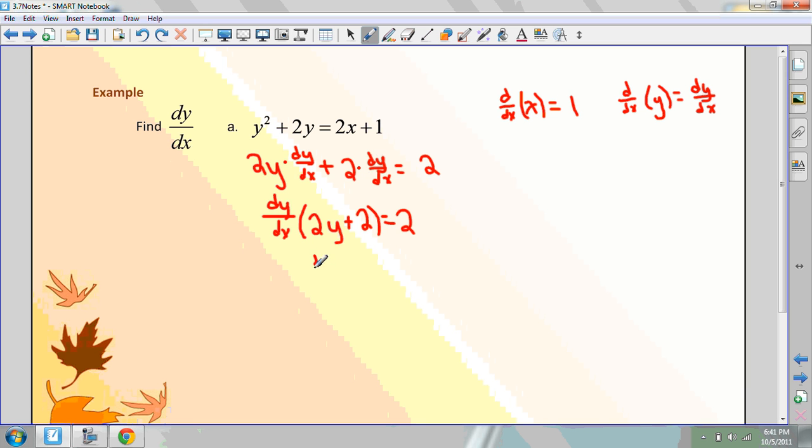And I just get dy dx equals 2 divided by 2y plus 2, sorry. And that's the same thing as 1 over y plus 1. And as you notice, your derivative is in terms of y. Some of them will be in terms of x and y, some will be in terms of just x, some will be in terms of just y.